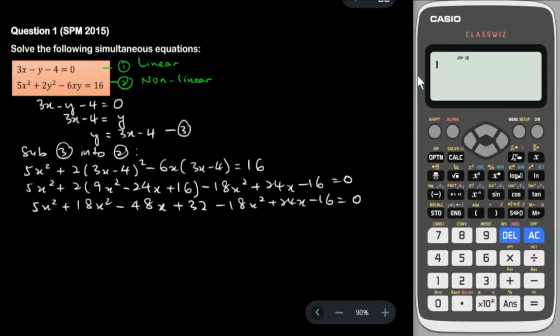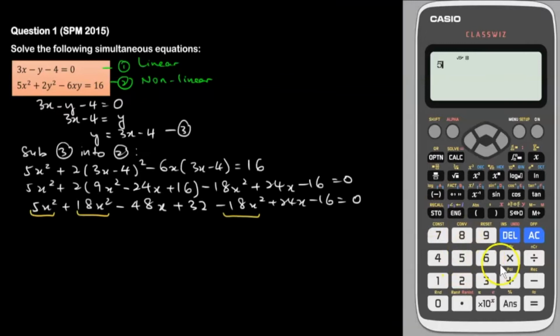So now we're going to group them up, all the like terms, all the x squares. So here we have 5x squared plus 18x squared, then minus 18x squared. You can use the calculator. So 5, then plus 18, and then minus 18.